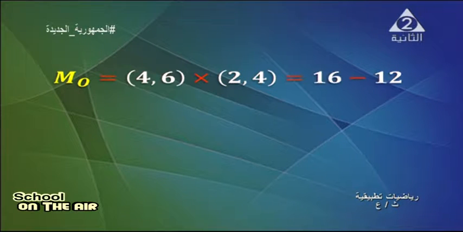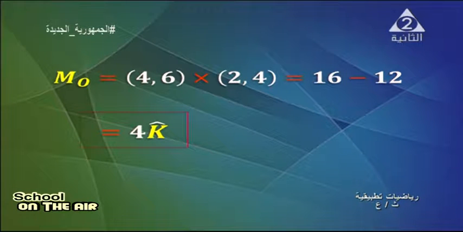The moment about O equals R cross F, R is (4, 6), and F is (2, 4). Then 4 times 4, 16, minus 2 times 6, 12. The answer is 4k.